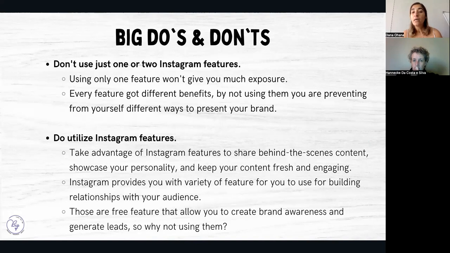So basically, we are finding only one way to promote our business instead of using different ways. By utilizing Instagram features, we can share different types of content to help us keep fresh and engaging with our audience.